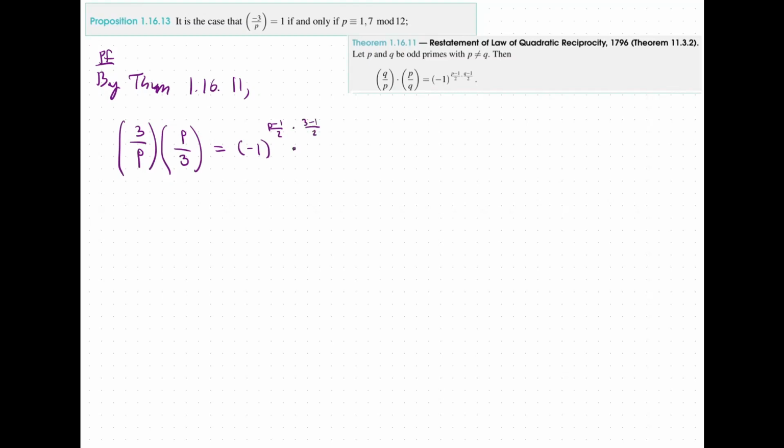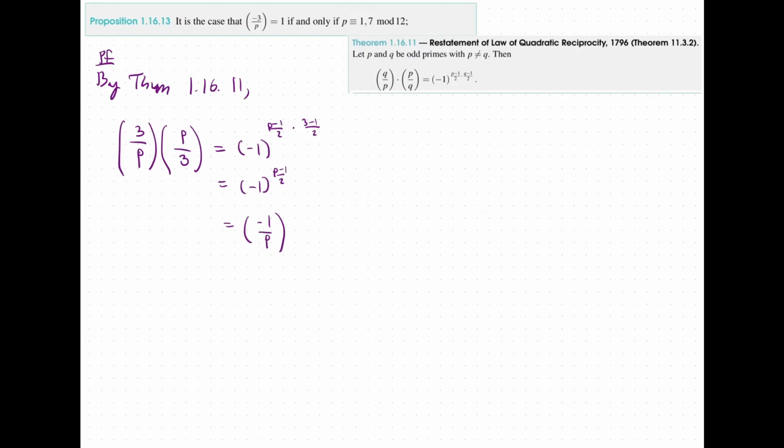And so that's just going to be 1. So that's going to be 1. So now we have that this here is just -1 to the (p minus 1)/2. But we know from Euler's identity that this is just the Legendre symbol for -1 on p. So we have this here.